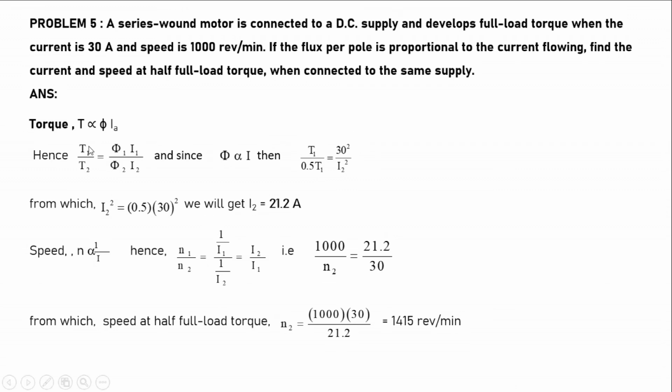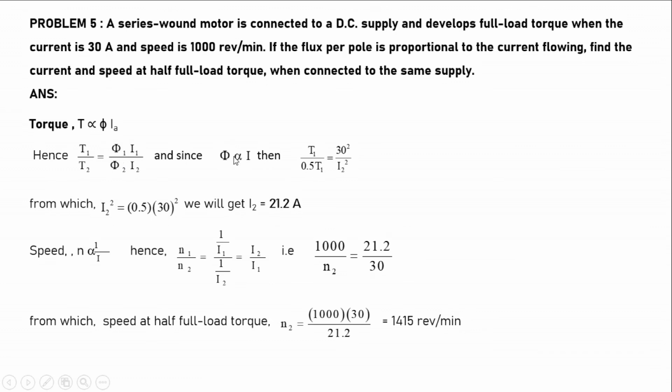Now we have the general formula: torque is directly proportional to phi into Ia. Because the flux per pole is proportional to current, we consider two cases: one is normal torque, the second is half full load torque.